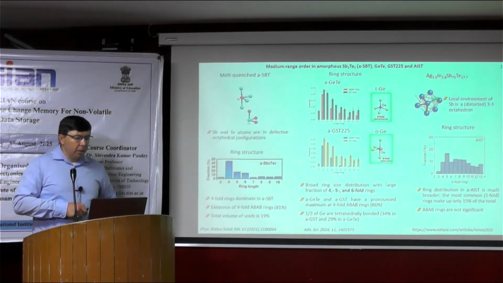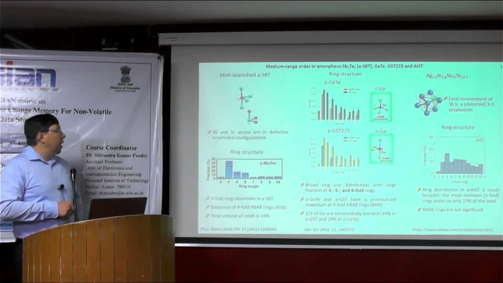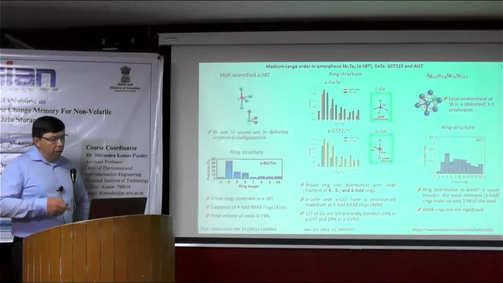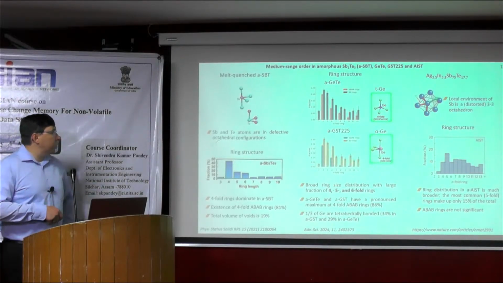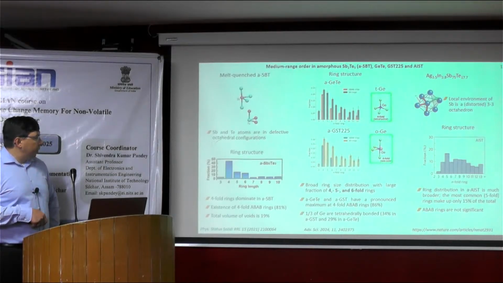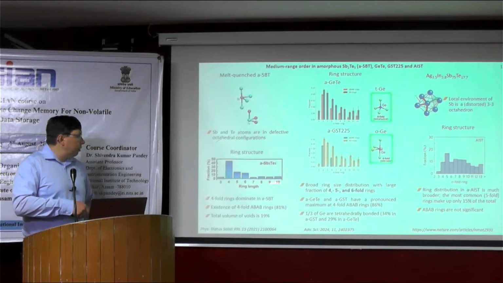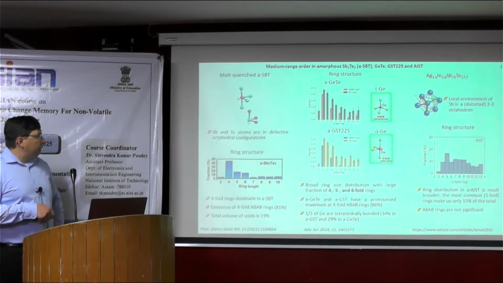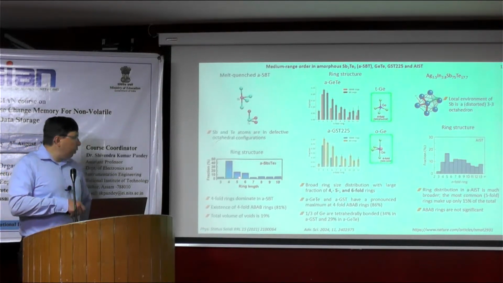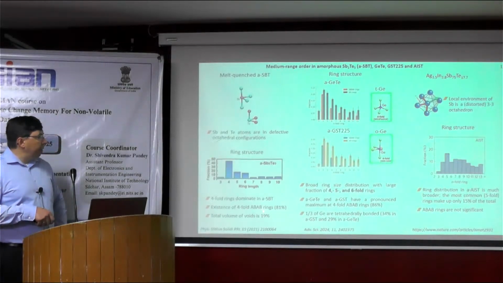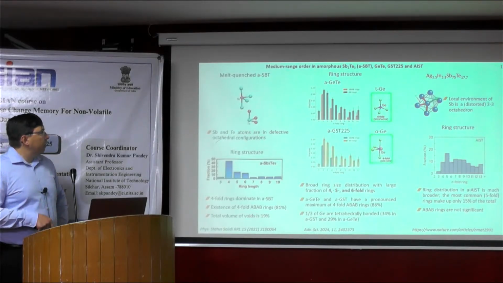After model construction, simulating it and quenching it for amorphous antimony telluride, in this publication the authors found different rings with different lengths, but the fourfold rings dominated in amorphous antimony telluride. They also found the existence of fourfold ABAB rings at 81%, and a total volume of voids of 20%.